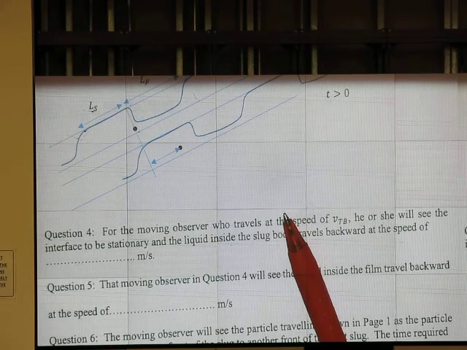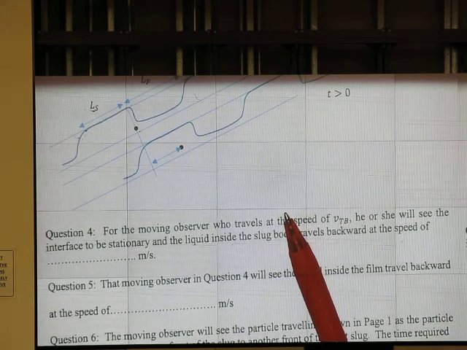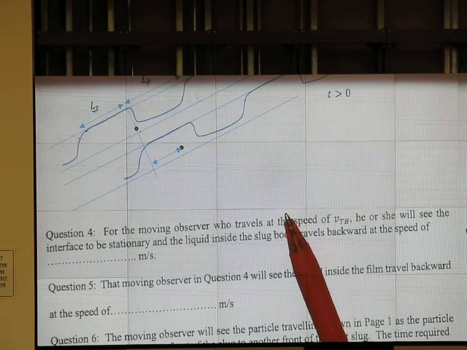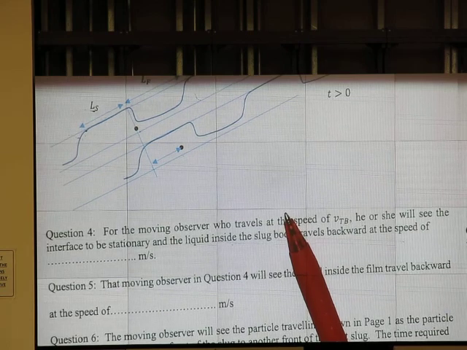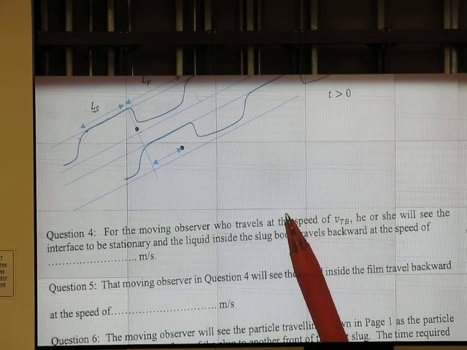Correct? So when the moving observer moves with the slug front, the observer sees the front to be stationary. Let's say Stuart is an observer with the front, and Rico is the particle inside.